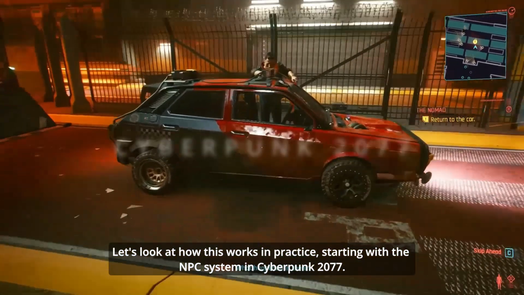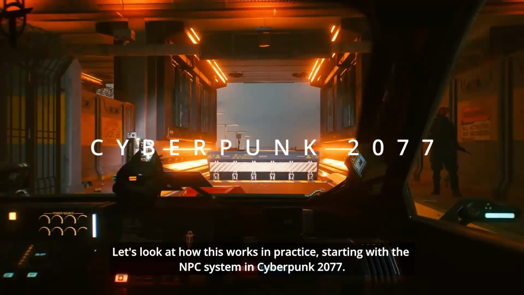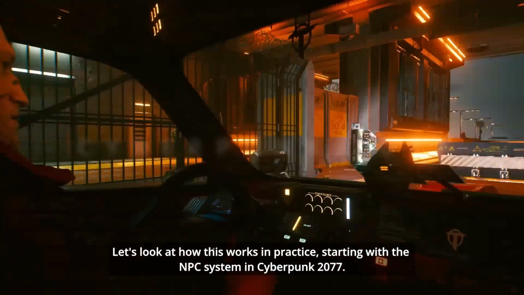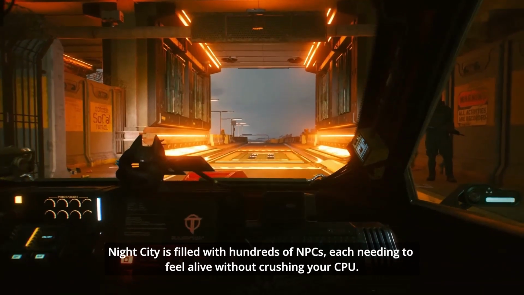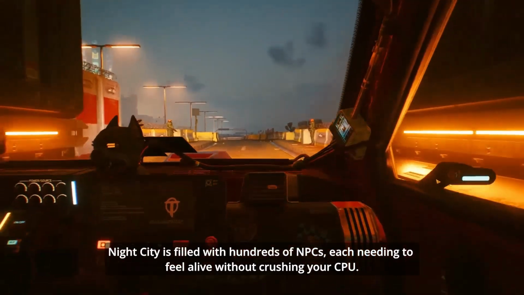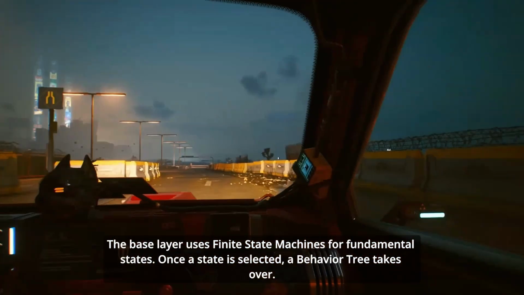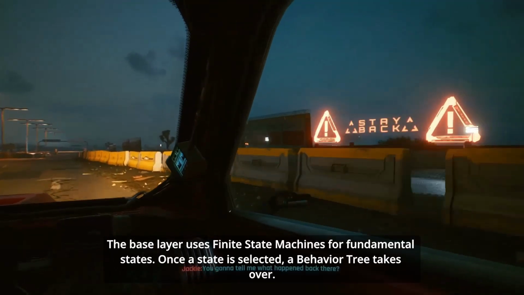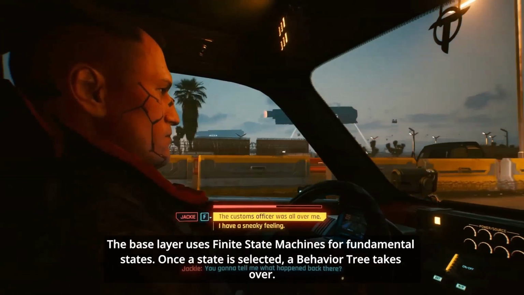Let's look at how this works in practice, starting with the NPC system in Cyberpunk 2077. Night City is filled with hundreds of NPCs, each needing to feel alive without crushing your CPU. The base layer uses finite state machines for fundamental states. Once a state is selected, a behavior tree takes over.